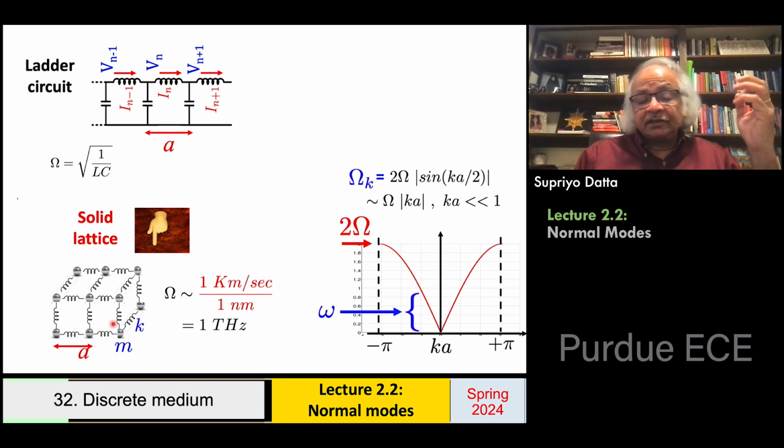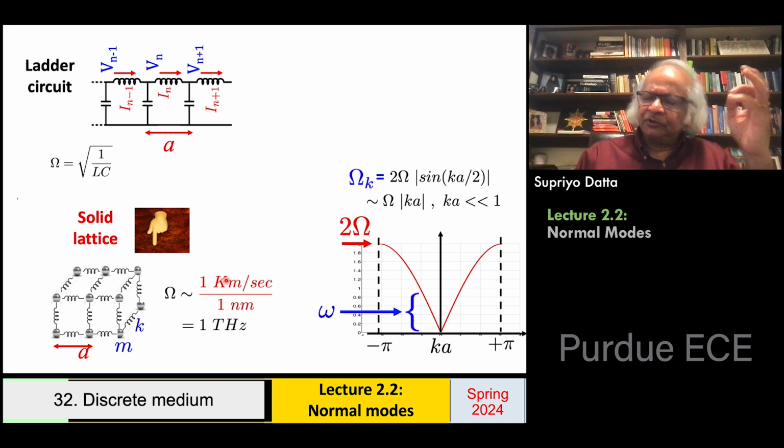And with solids, if we went into the details of what these are, you'd find the sound velocity, which is the square root of k over m, as you may recall from 1.3, would be about a few kilometers per second.